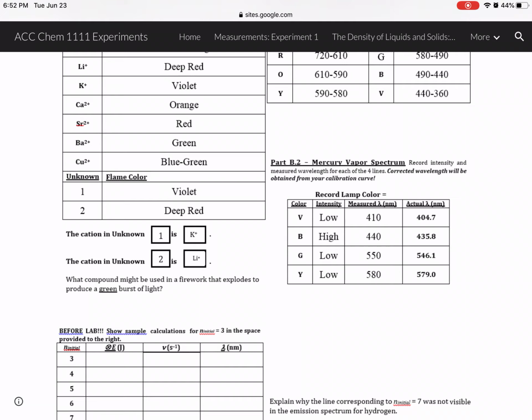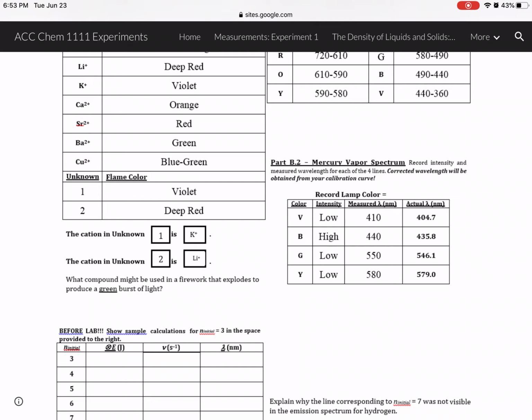Here you are given the actual wavelength in nanometers and the measured wavelength in nanometers, and the intensity and the color representing those wavelengths: violet, blue, green, yellow. You are supposed to draw a calibration curve using the measured wavelength and the actual wavelength of the mercury vapor spectrum.